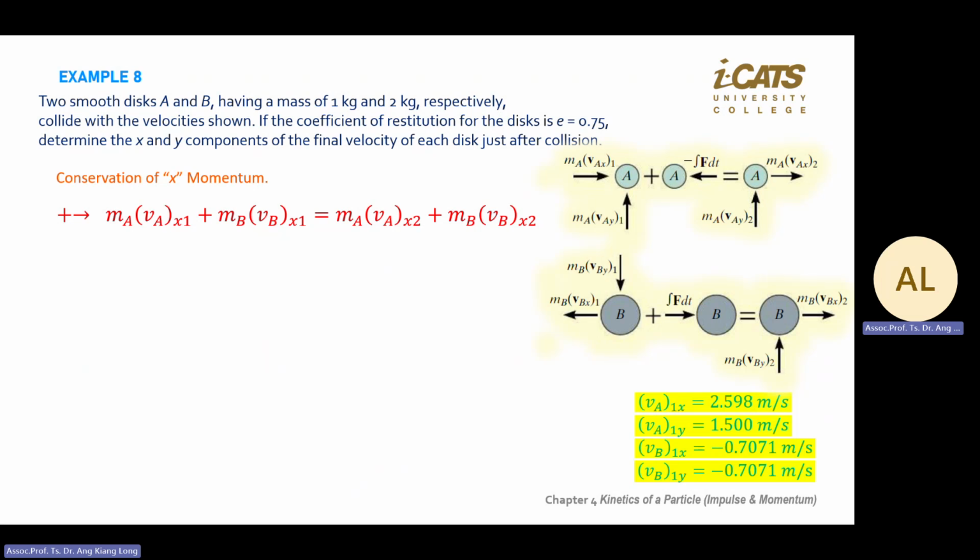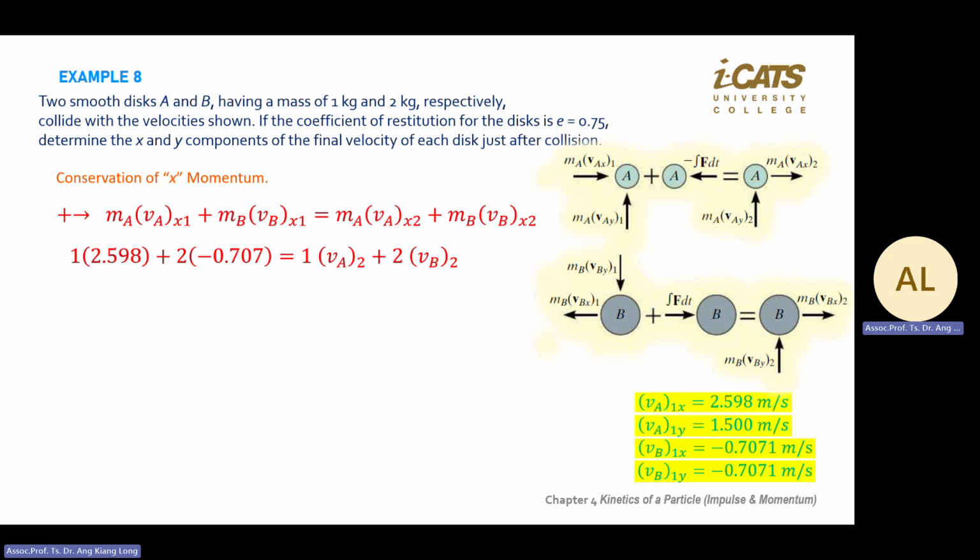You use conservation of momentum. When you have an oblique impact, you always use conservation of momentum where you take out the impulse. Momentum before equals momentum after. You solve for the x direction, with positive x direction to the left. So you put in the answer.